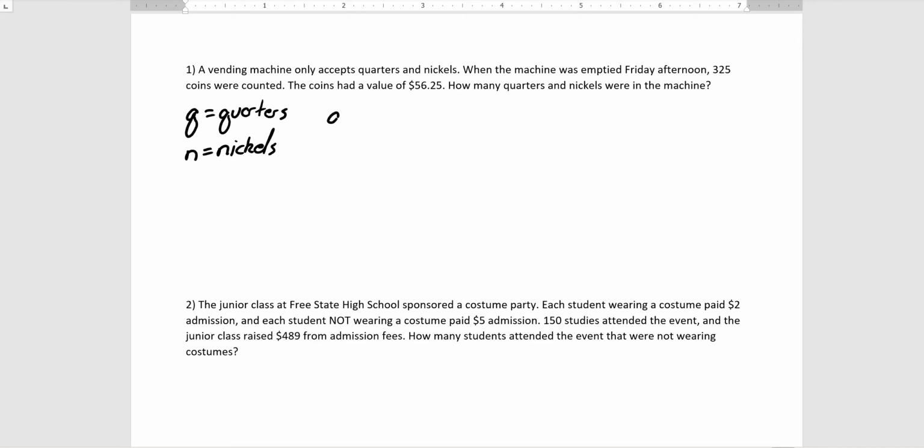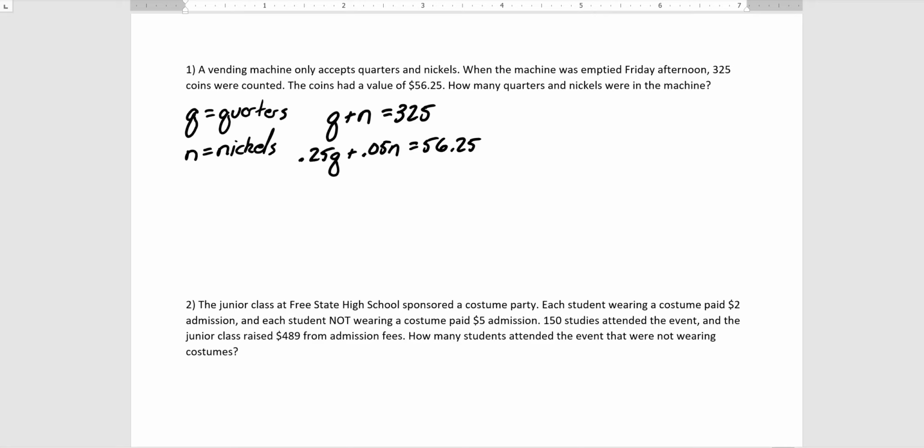So if I add together all my quarters and all my nickels, Q plus N, I should get 325, because that's how many total coins there are. Now the coins had a value of $56.25, which means for each quarter, I got 25 cents. For each nickel, I got 5 cents. And that total is 56.25.